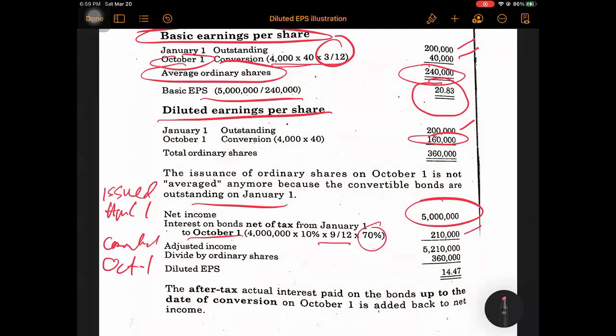Okay, naa gyapon. So you need to i-proportionate gyapon nimo siya. Okay, also with the interest expense, so ang interest expense nimo instead of January 1, you start with the date of issuance, April 1. So April 1 to October 1. So that's April, May, June, July, August, September. 6 months na lang siya.